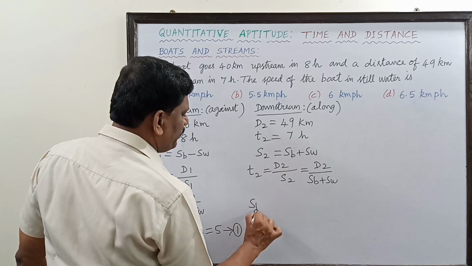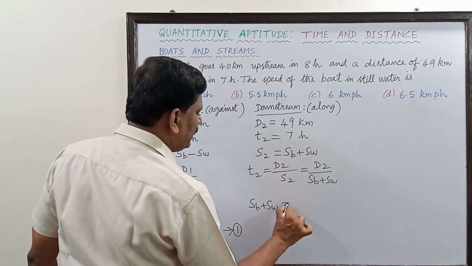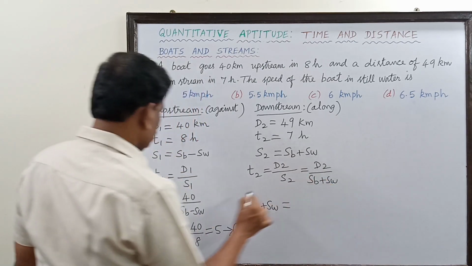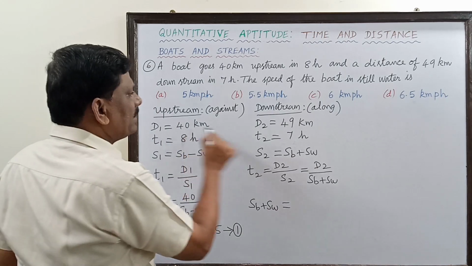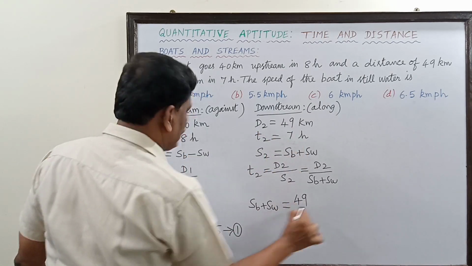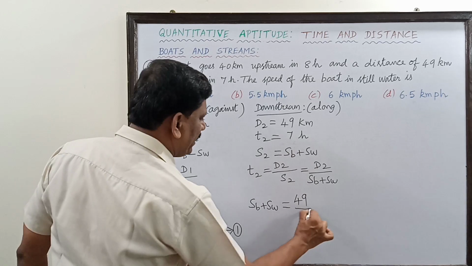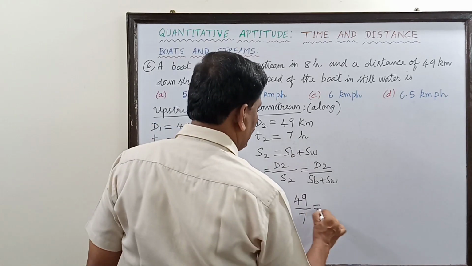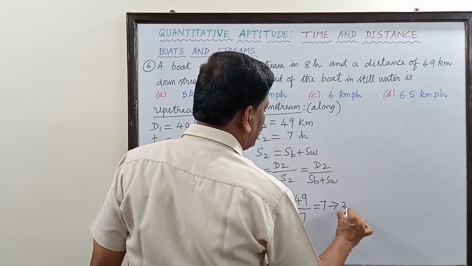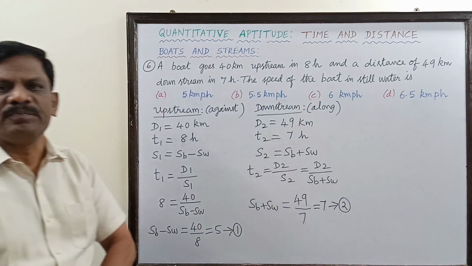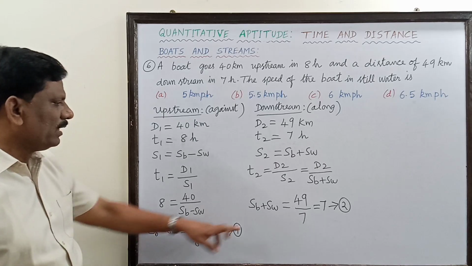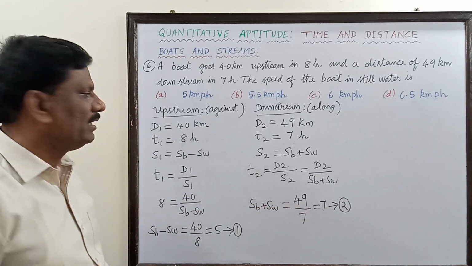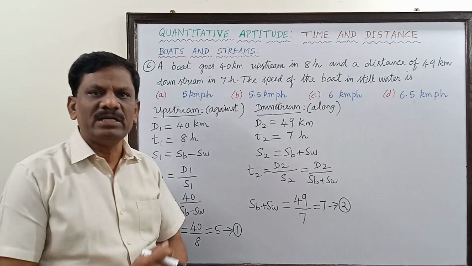So SB plus SW is equal to, here the distance is 49 instead of 40, so 49 divided by 7. 7 sevens are 49. This is equal to 7, equation 2. So equations 1 and 2 we have arrived at, respectively for upstream and downstream.